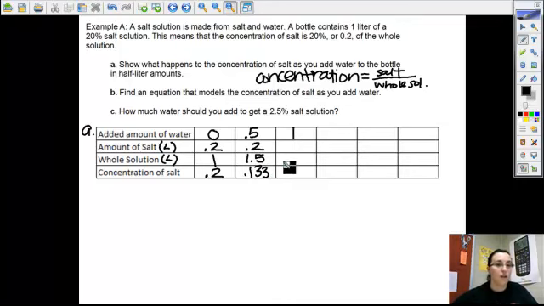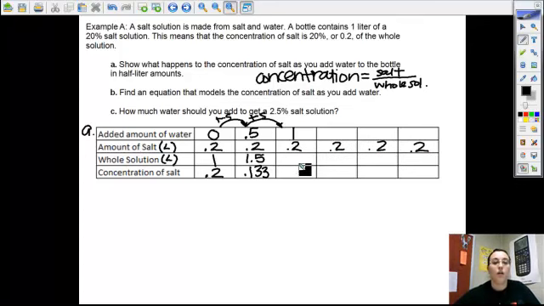And I'll show you one more. Basically we're adding 0.5 as we go. We're always adding 0.5 of water to the solution. So now we have added 1 whole liter. Our amount of salt is still 0.2. It's actually going to stay 0.2 the whole time. We're not going to change the amount of salt in our solution.